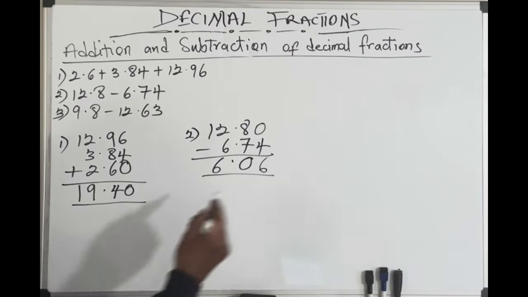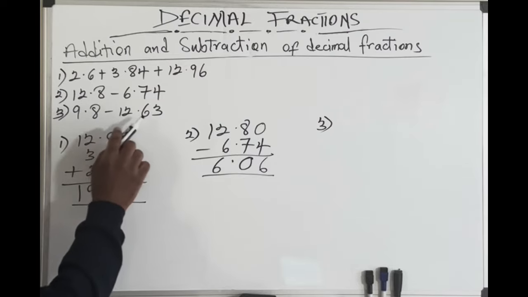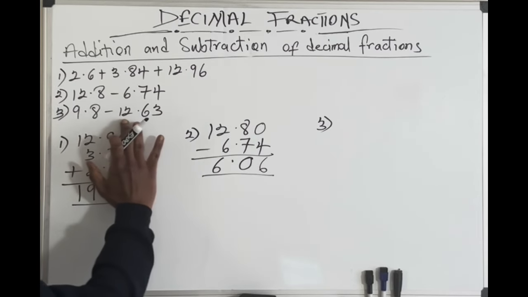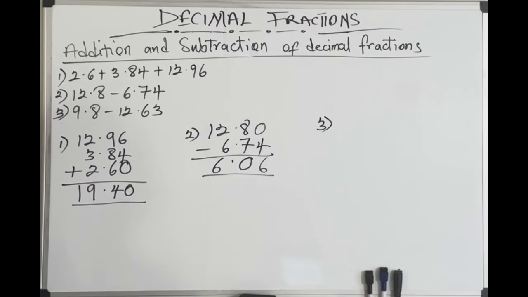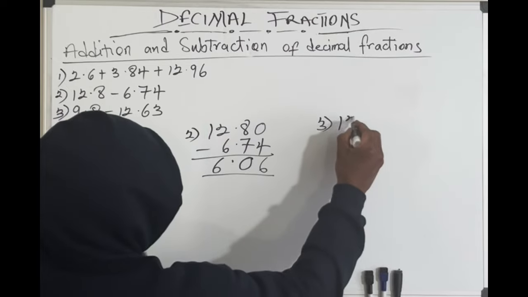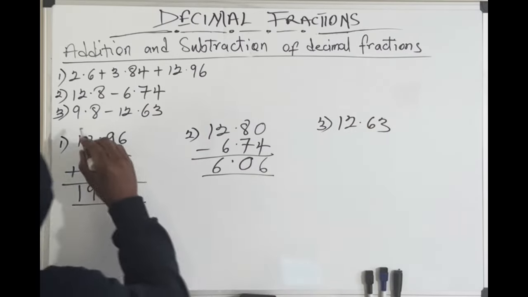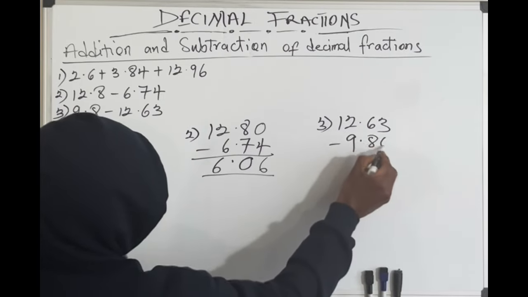Then the last example, 9.8 minus 12.63. This is a funny question because we are told to subtract the bigger number from the smaller number. No worries, just do the normal subtraction, then after that you put the negative sign before the answer. So let's bring the 12.63 first, minus 9.8, bring the 0 here.